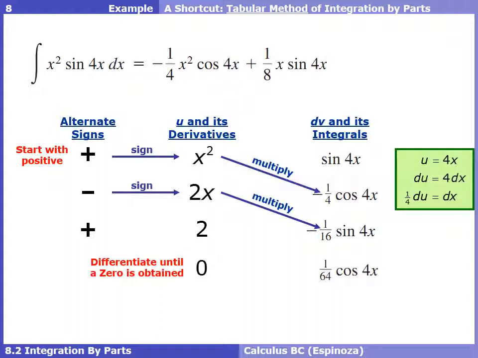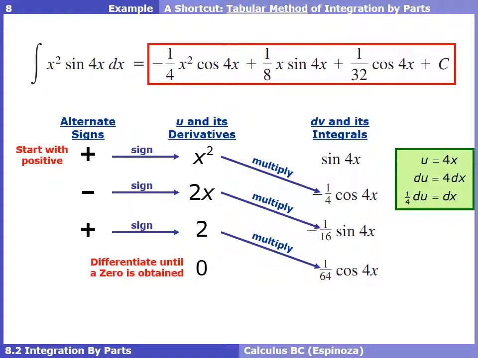And if we simplify that, that'll of course be positive 1/8 times x sine 4x. For the last one, again, we're going to go across and then multiply down. It's going to be positive 2 times 1/64, which can, of course, reduce to be 1/32, and then we have cosine 4x, and then just again, don't forget the all-important plus c.